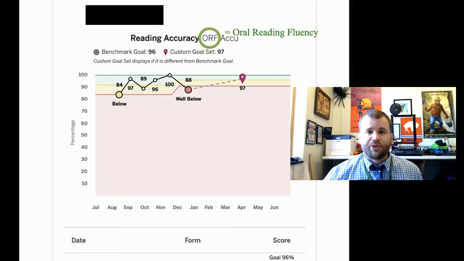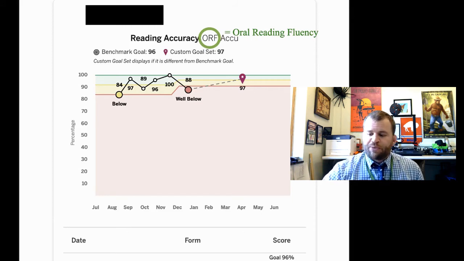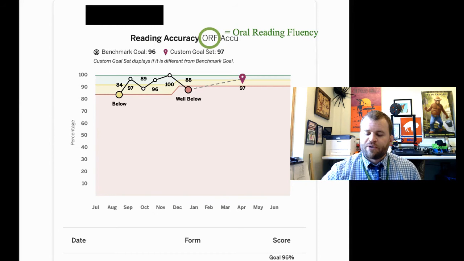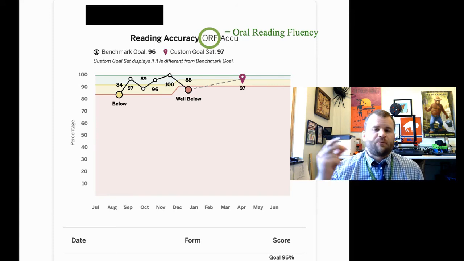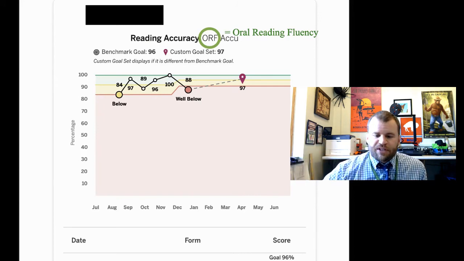This is the oral reading fluency test, kind of similar to the WRF. This assesses a student's ability to effortlessly translate letters to sounds and then sounds to words. Students read a passage for one minute and all correct words are scored. If they are able to rattle off the words within, let's say, three seconds, that word is going to be scored.